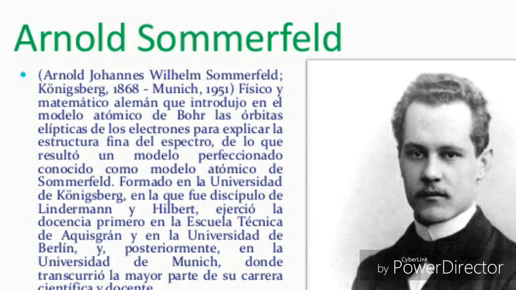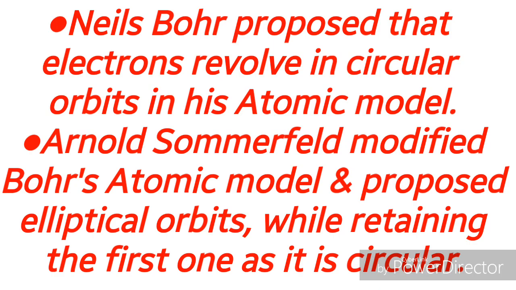So this Bohr's atomic model was modified by Arnold Sommerfeld. Niels Bohr proposed that electrons revolve in circular orbits in his atomic model. Arnold Sommerfeld modified Bohr's atomic model and proposed elliptical orbits while retaining the first one as circular orbit only.